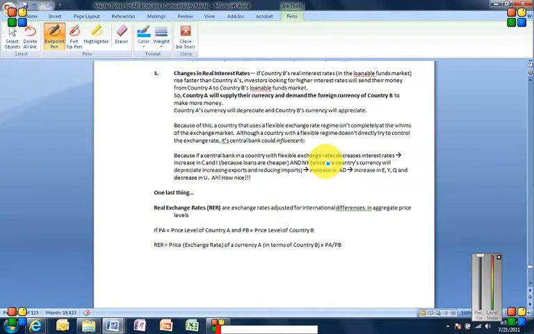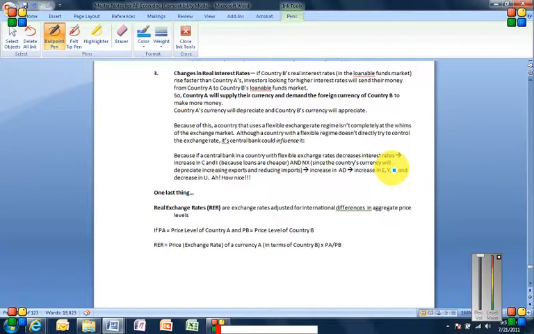It's going to increase exports and reduce imports, which of course are all components of AD. The C, the I, the G, and the NX are all components of AD. And so AD increases, and this leads, of course, to an increase in employment, income, output, and a decrease in unemployment. How nice.